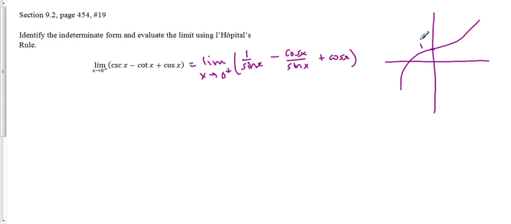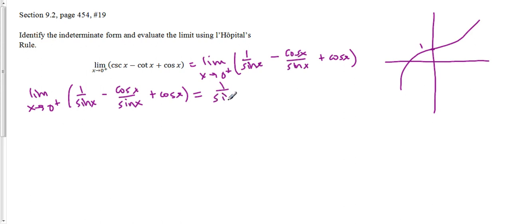So after we've made a graph, then we substitute in. So I'm going to have the limit as x goes to 0 from the positive side of 1 over sine x minus cosine x over sine x plus cosine x. And this is going to give me 1 over the sine of 0 minus the cosine of 0 divided by the sine of 0 plus the cosine of 0.